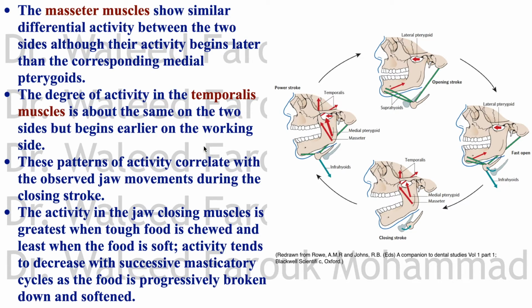The degree of activity in the temporalis muscle is about the same on the two sides, and the activity in the jaw closing muscles is greater when tough food is chewed, and least when the food is soft, of course. Activity tends to decrease with successive masticatory cycles as the food is progressively broken down and softened.